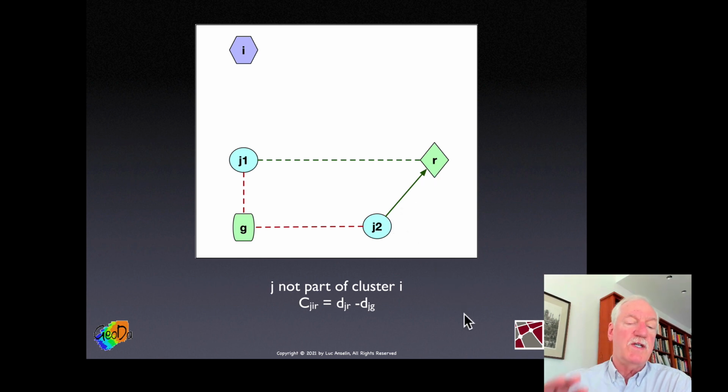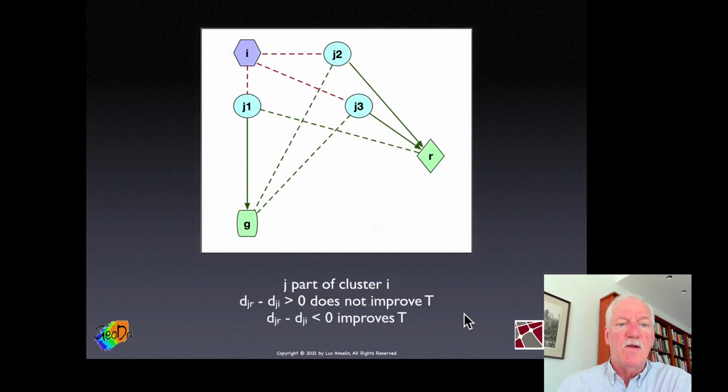So that's the one situation where J is not assigned to one of the centers that is considered for swapping, I should make precise. Okay, what happens if J is currently assigned to one of the centers that is considered for swapping? So we have 3 situations. One is J obviously is closer to I than to anything else.